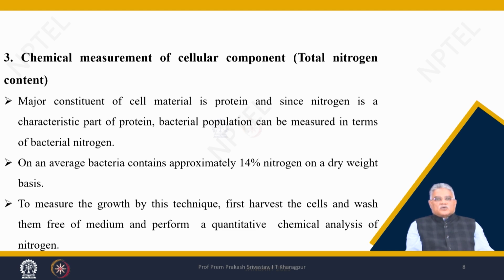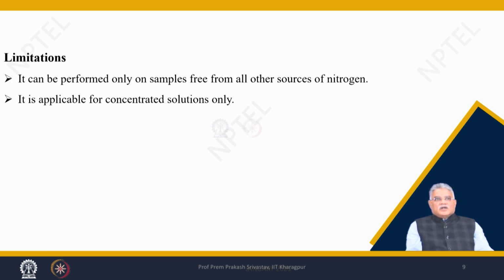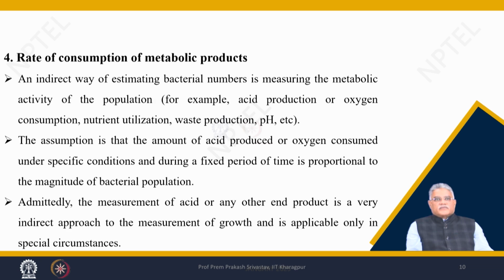To measure the growth by this technique, first harvest the cells and wash them free of medium and perform a quantitative chemical analysis of nitrogen. Limitations: it can be performed only on samples free from all other sources of nitrogen. It is applicable for concentrated solutions only.